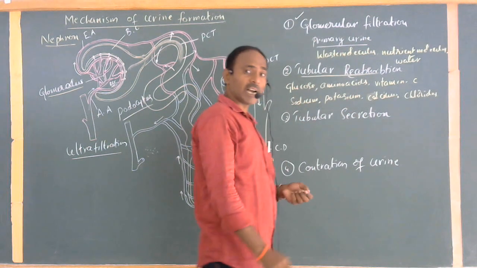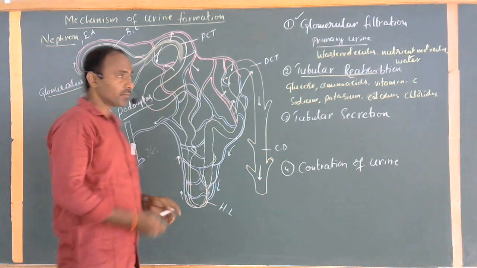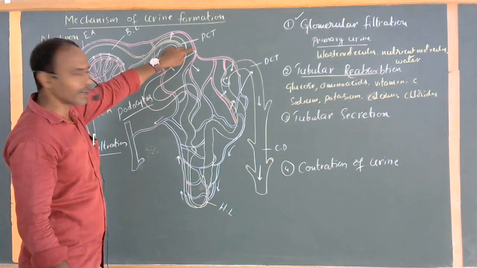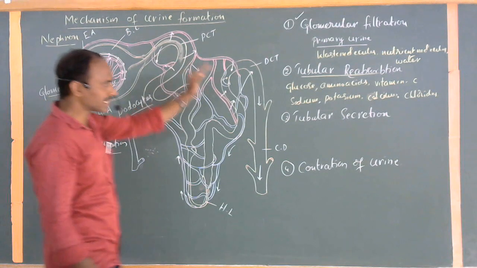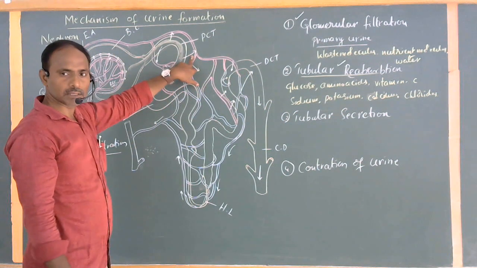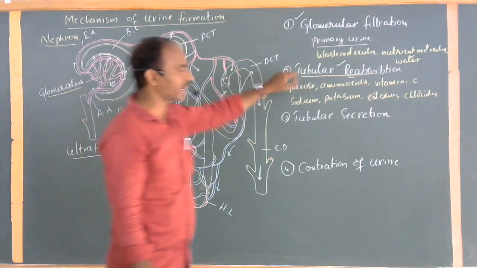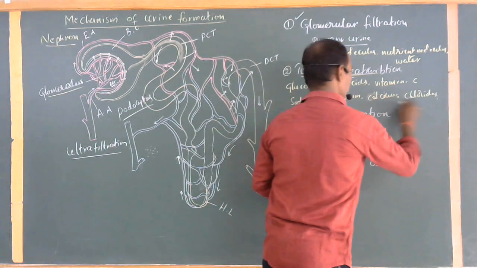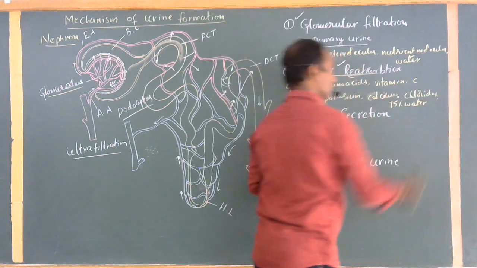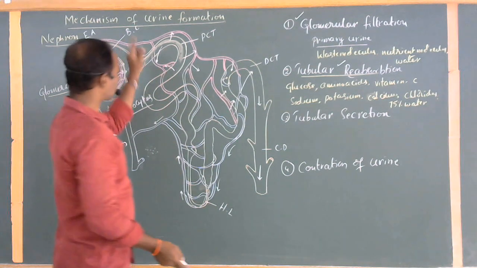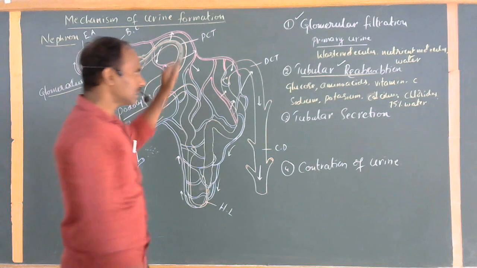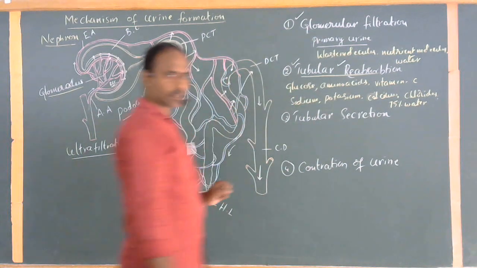These components are reabsorbed from the PCT into the peritubular capillaries. This step is commonly called tubular reabsorption, and along with these components, 75% of water is also reabsorbed from the PCT into the peritubular capillaries.